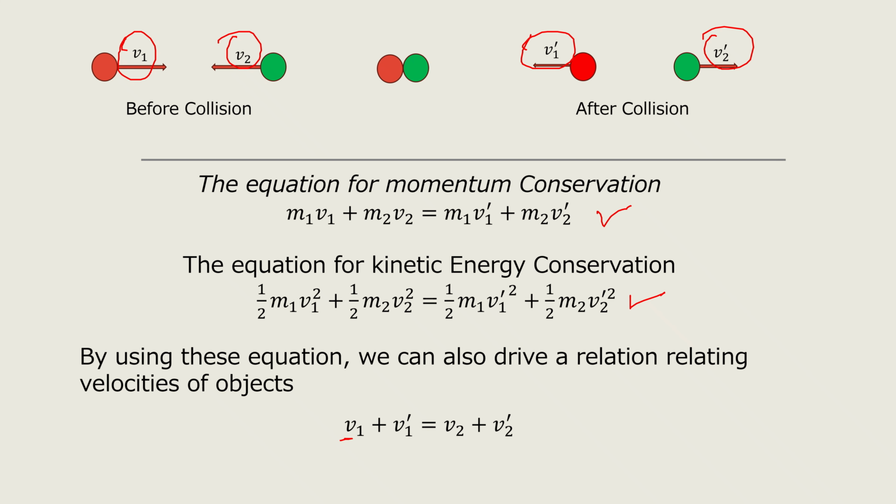So v1 is the velocity of the first object before collision and v1 prime is after collision. And similarly, for the second object, v2 is the velocity before collision and v2 prime is after collision. So this relationship is very useful when we are solving problems.